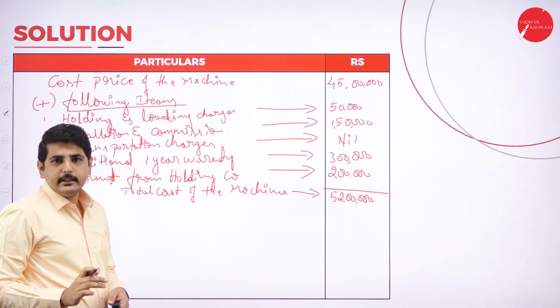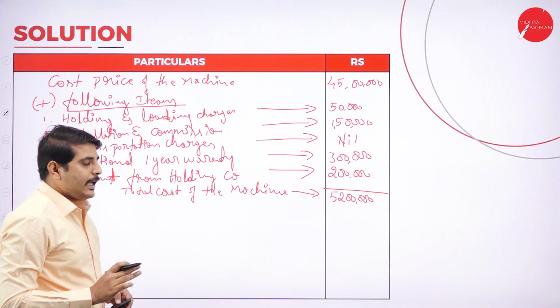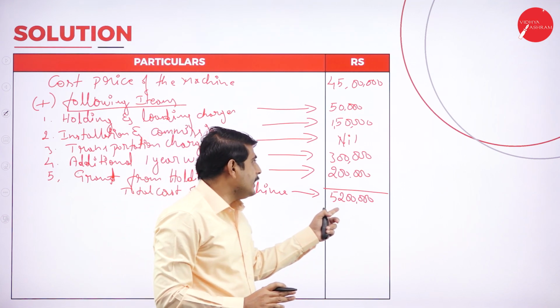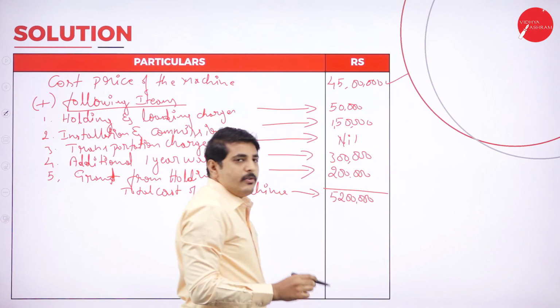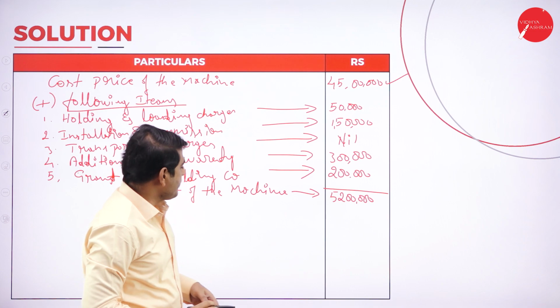Now we should deduct the cash discount given by the company. See, while calculating cash discount, don't calculate the discount on 52 lakh. We should calculate the discount on 45 lakh, which is the actual cost of the machine.